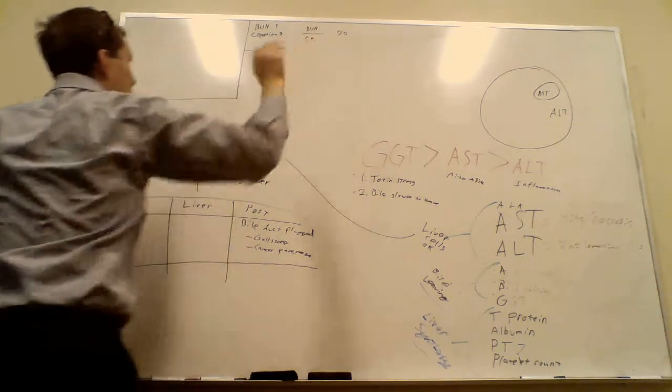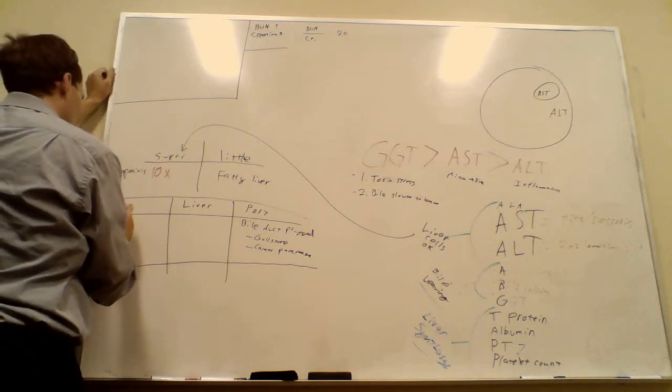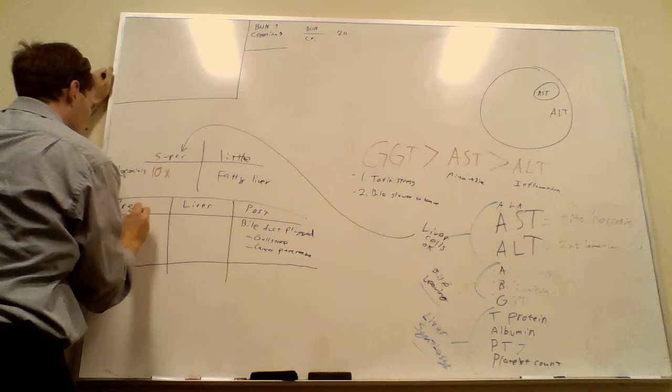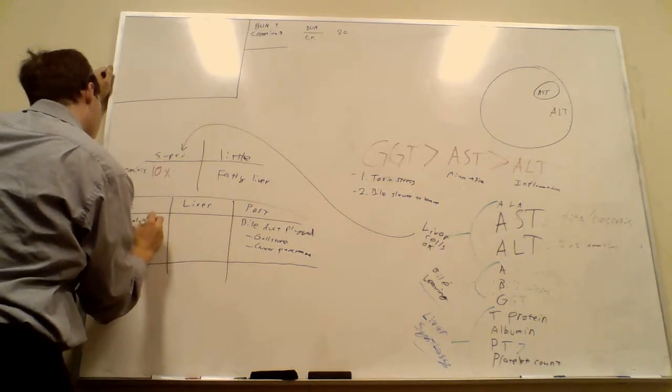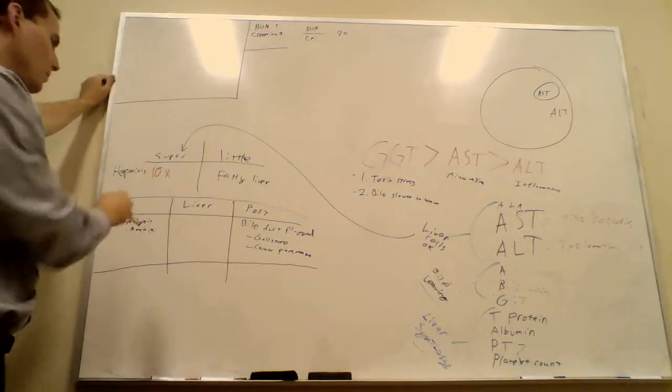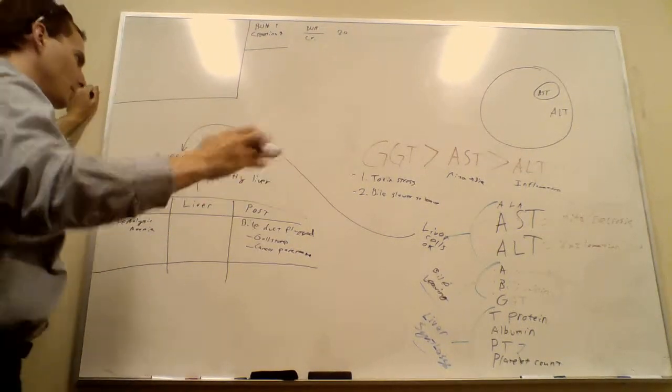So if the BUN number is super high, then that's what's going to put it above 20, and so hemolytic anemia is what we see when you've got red blood cells dumping a bunch of nitrogen into the bloodstream.